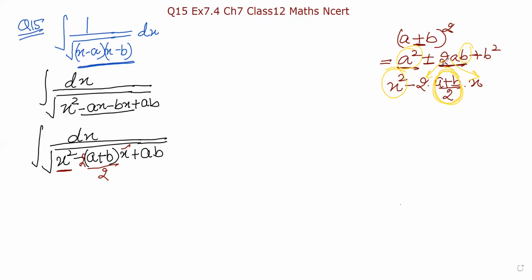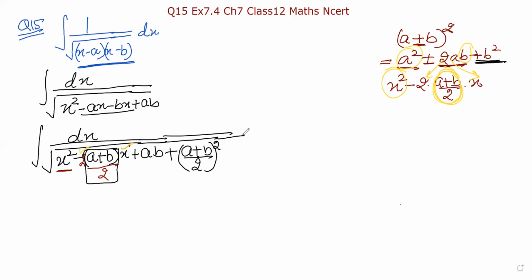So the main takeaway from this step is leaving 2 and x, whatever is left with me is the b, and I require b square. To arrange b square, what I will do, I will take the square of (a plus b) upon 2 and add because it is required.